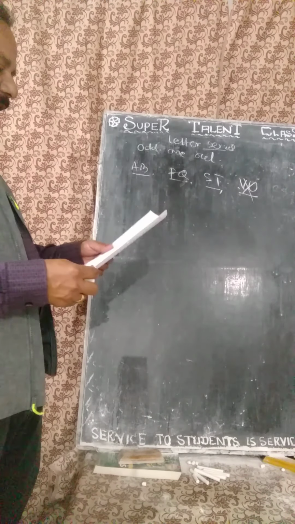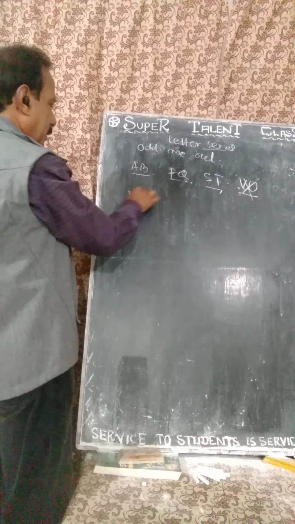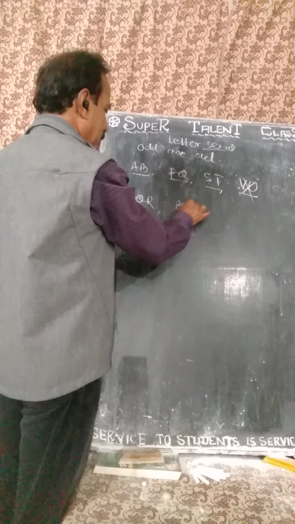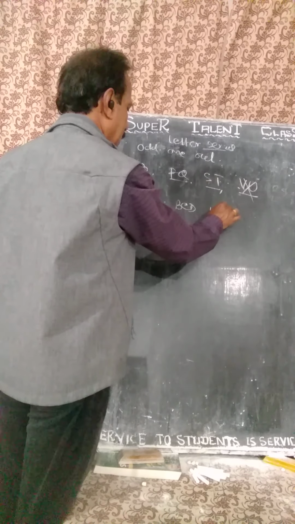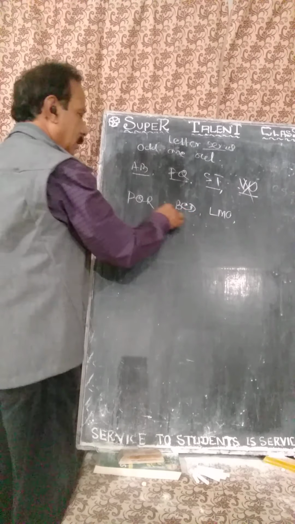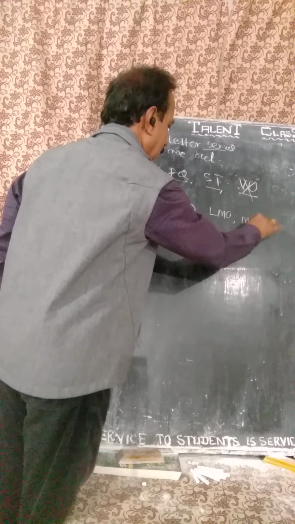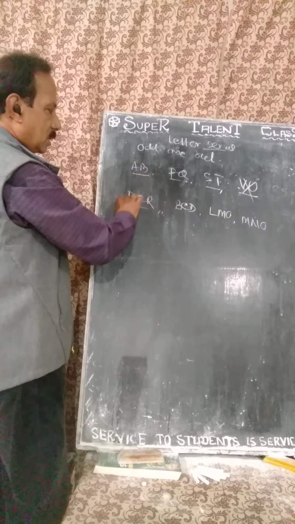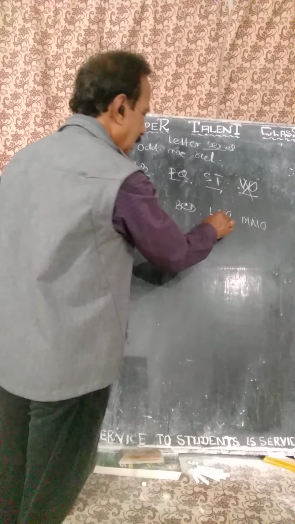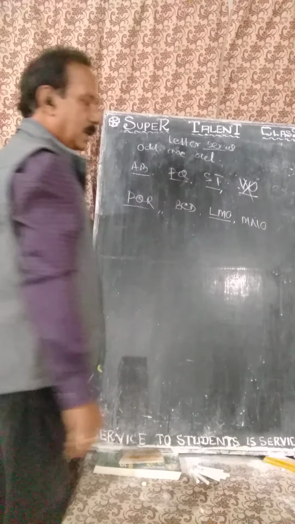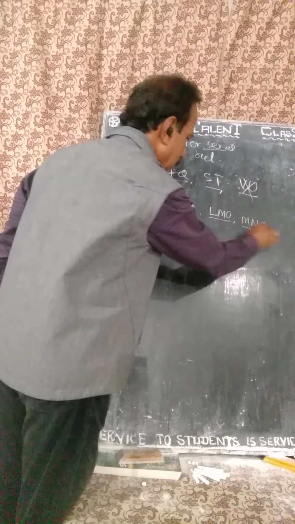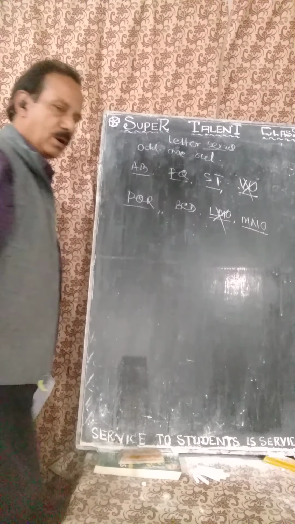Like this, suppose there is P, Q, R, then B, C, D, then L, M, O, then M, N, O. You see, sequentially, continuously, consecutive: P, Q, R, B, C, D, K, L, M, N, O, and the third M, N, O. So this is the wrong one out.